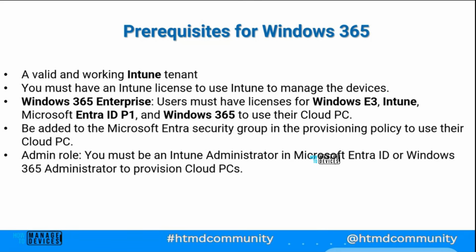So the user must have the license for Windows E3 for the Windows license, and the Intune license, and on top of that Entra ID P1. I think in most of the licenses Entra ID P1 is already included. And additionally, we have to take the Windows 365 license, so either Enterprise, Business, or Frontline. But today we're going to talk about the Enterprise one to use their Cloud PC.